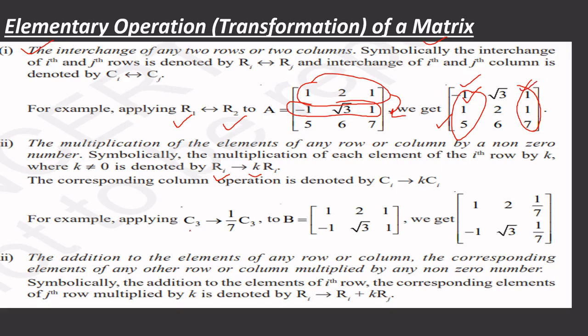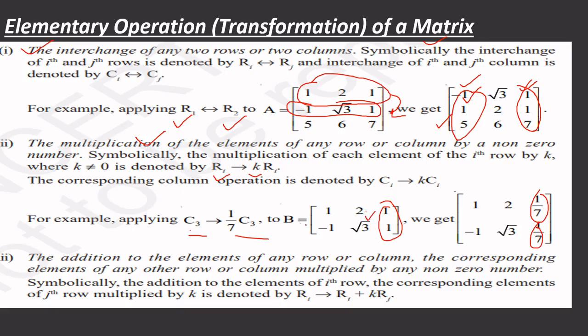Now there is the multiplication elementary operation, like if the third column is changed by 1 by 7 C3, we get 1 by 7 here and 1 by 7. We multiply one scalar quantity with the whole column or the whole row.